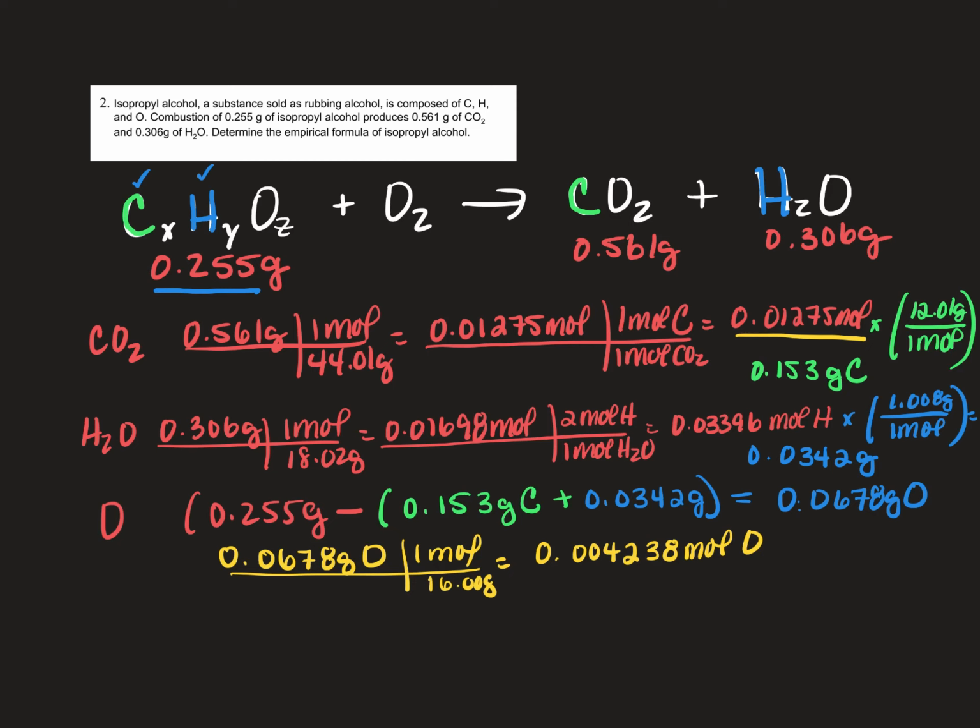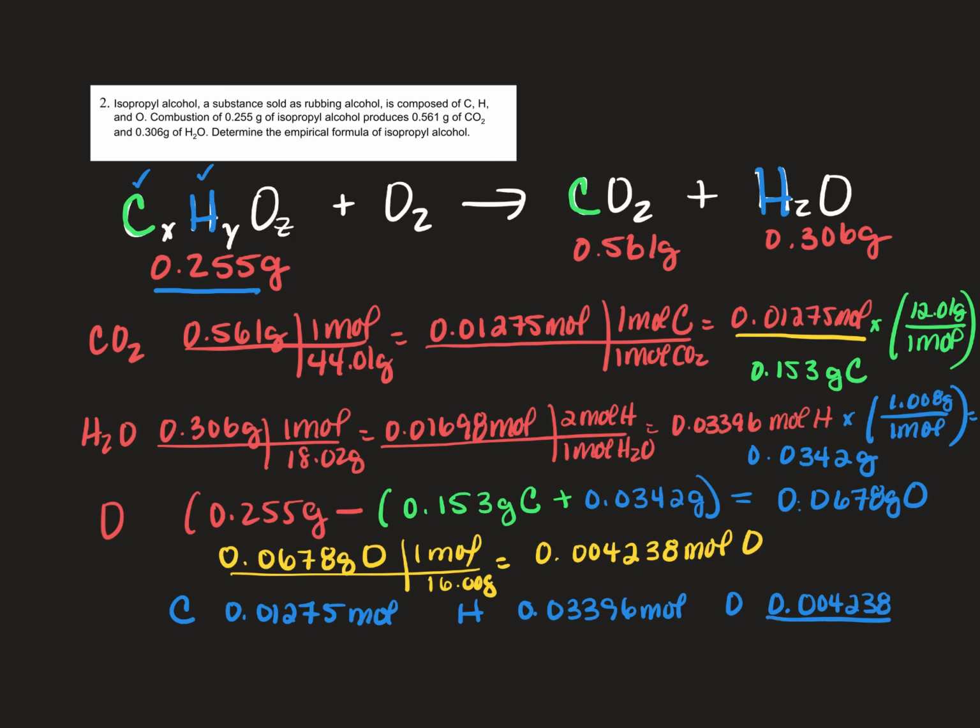So now I'm going to take my 3 guys. So I have my carbon is 0.0175 moles. My hydrogen was 0.03396 moles. And my oxygen was 0.004238 moles.